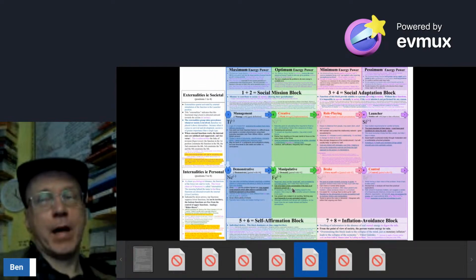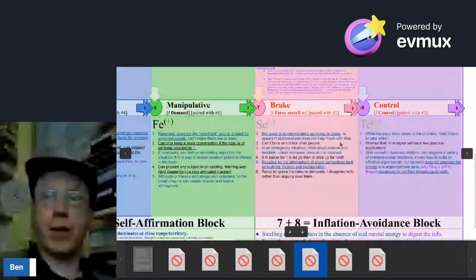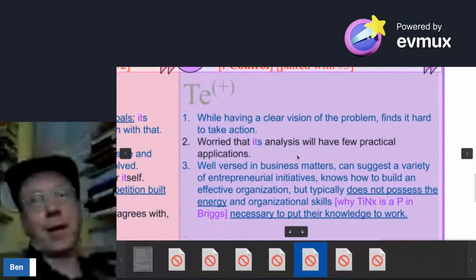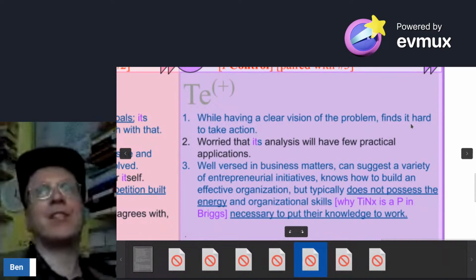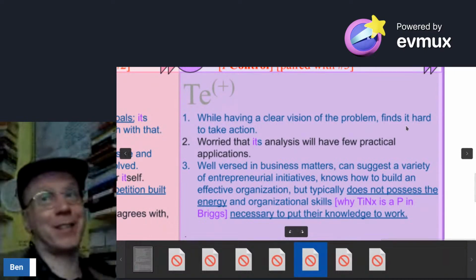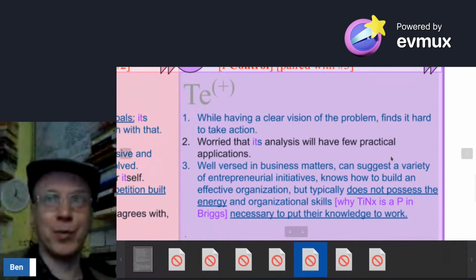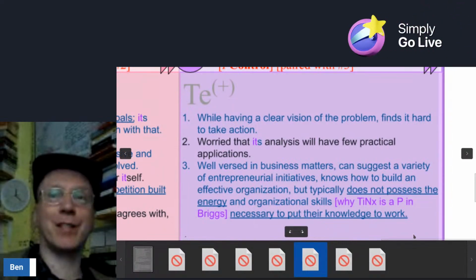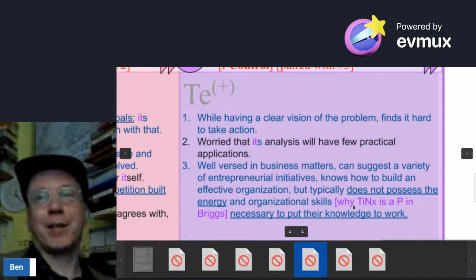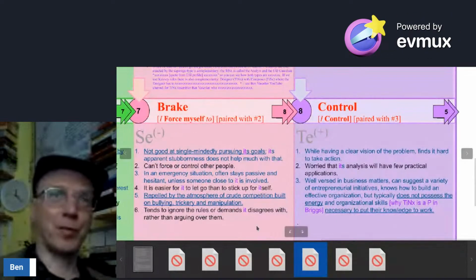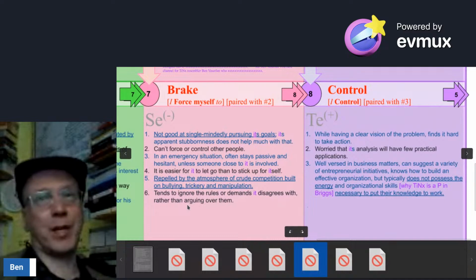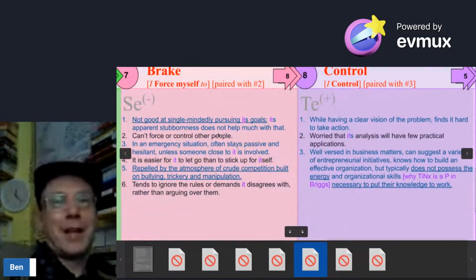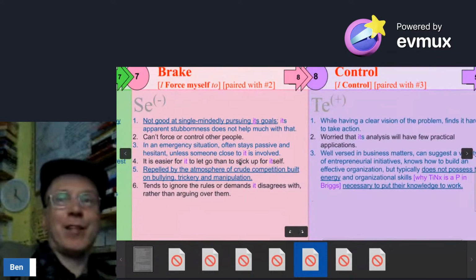And so this earlier profile is okay for that, because it doesn't say, it just says finds it hard to take action. So it's not saying it's impossible. Typically does not possess knowledge to work. Typically. So it is possible. Whereas you can see here, it says finds it hard.